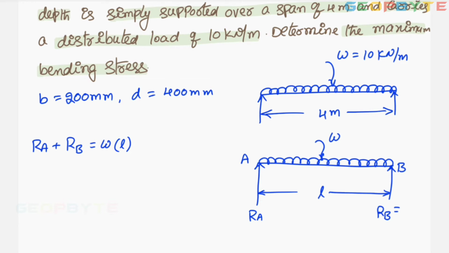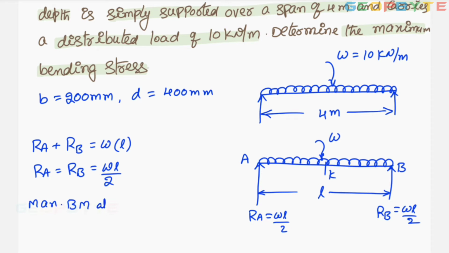Since the UDL is acting throughout its length, RA equals RB equals WL by 2, equally sharing WL by 2 and WL by 2. For a simply supported beam, maximum bending moment occurs at the middle. Let that middle point be K. Maximum bending moment at the middle of the beam.